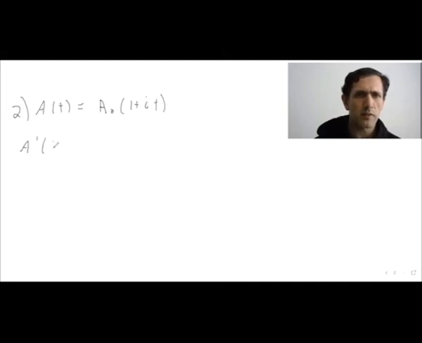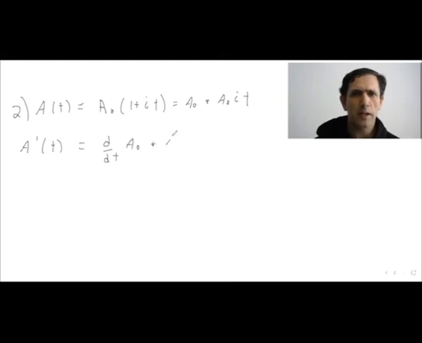Right, so let's get the derivative here. So this is just going to be A0 plus A0 i times t. So when you differentiate, the constant goes away. So just differentiate both terms.